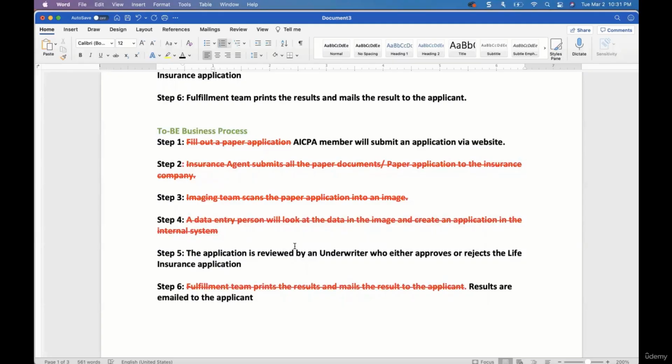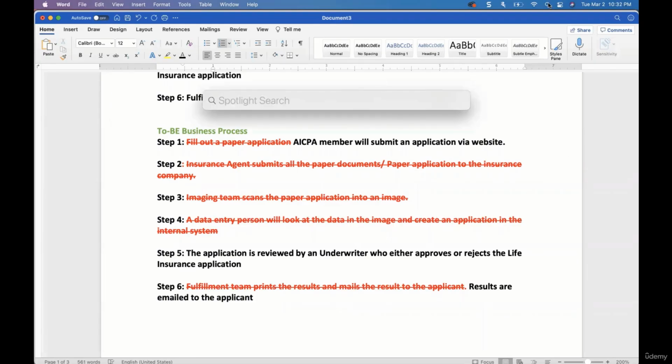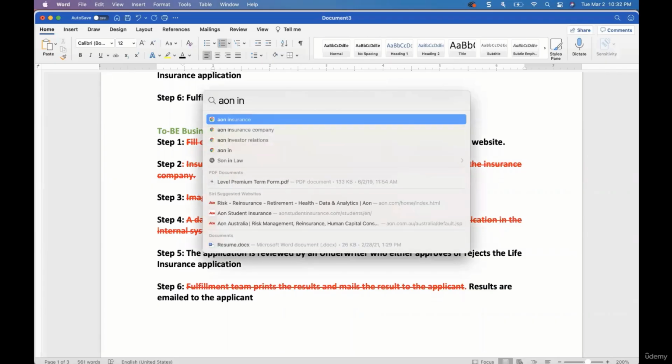So what is an example of a document that you would read to understand the as-is business if you were working on this project? The paper applications. Perfect.